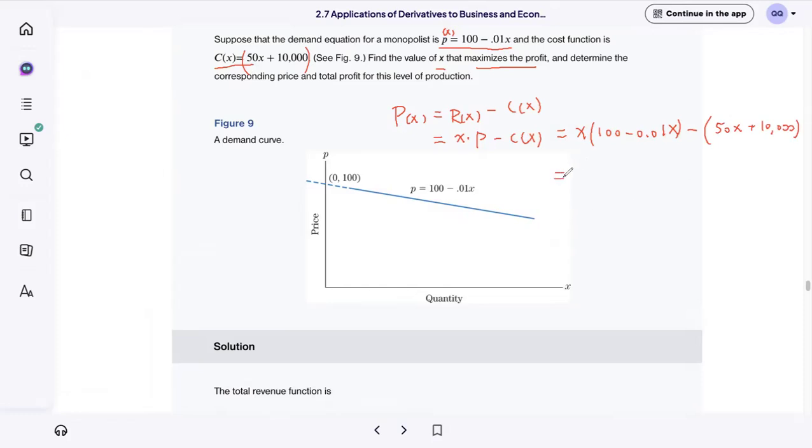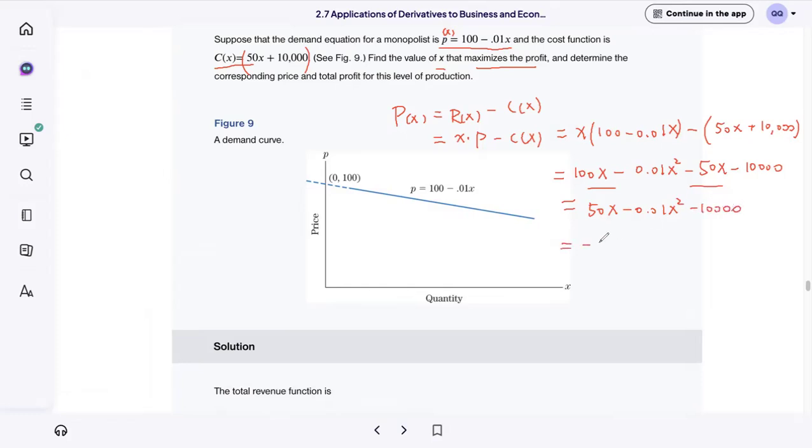Maybe you can simplify a little bit. Well, 100x minus 0.01x squared minus 50x minus 10,000. Well, 100x minus 50x, that's 50x. Right? Minus 0.01x squared minus 10,000.